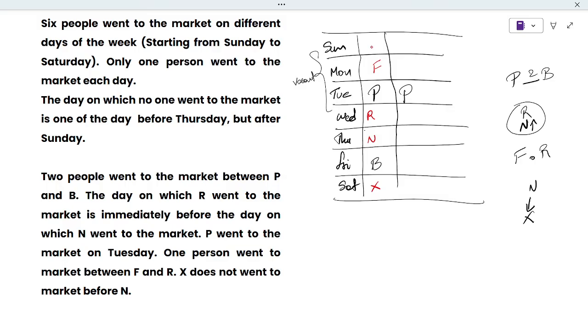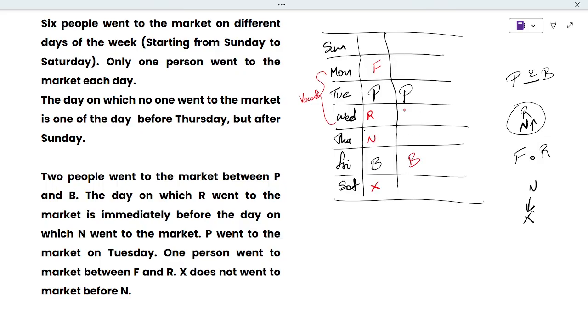The day on which no one went to the market is before Thursday but after Sunday. I did not see that one, so here it can be vacant. So Sunday, we're getting Sunday is vacant, right? Why?